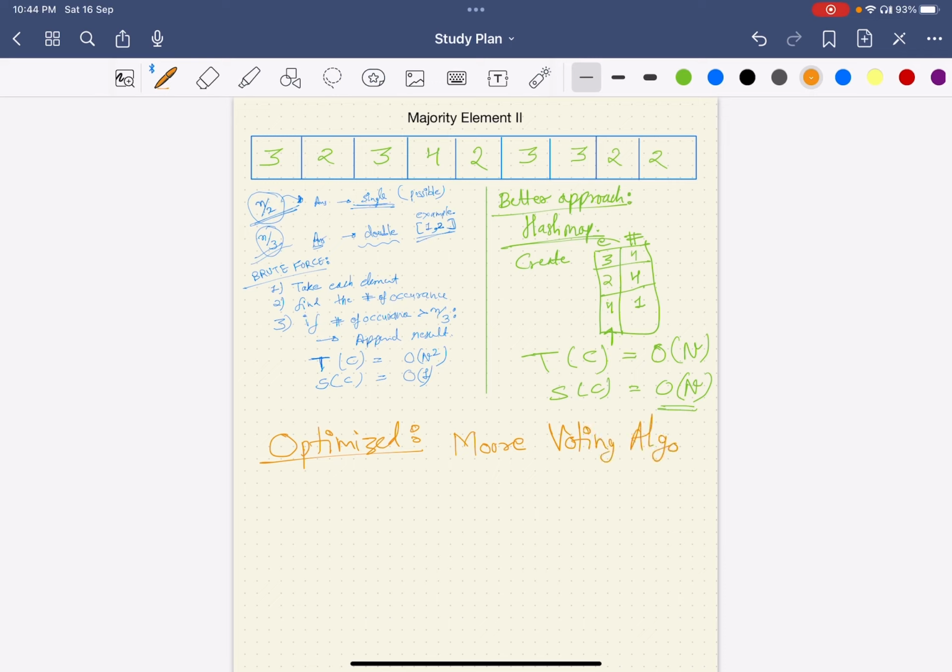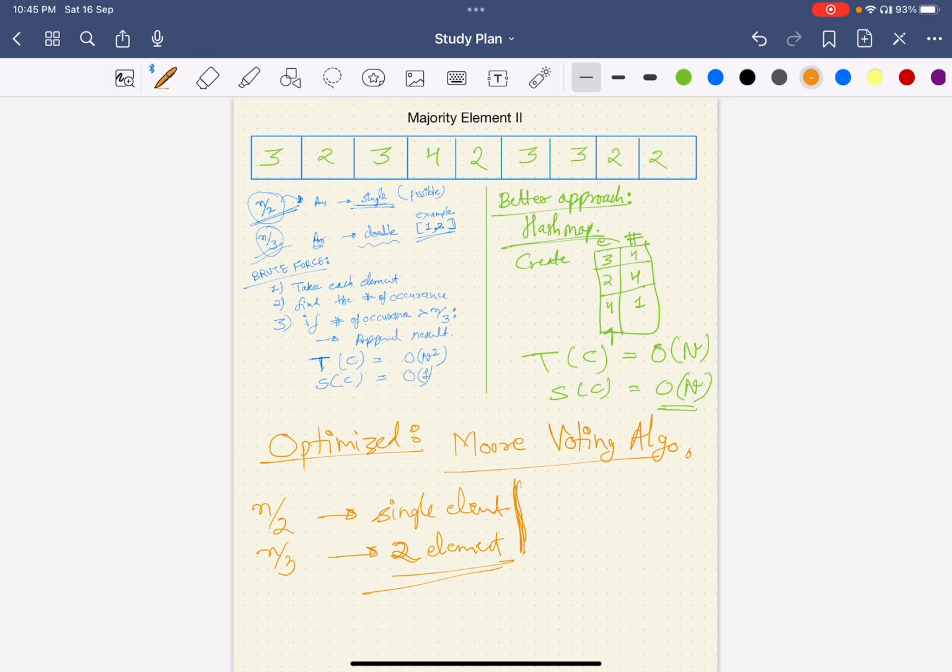In the starting I covered one thing: if you need to figure out elements appearing more than n by 2 times, the answer should be a single value, but if it's n by 3 times, there is a possibility that the answer has a maximum of 2 elements, right? Here a single element and here 2 elements. So we need 2 elements.